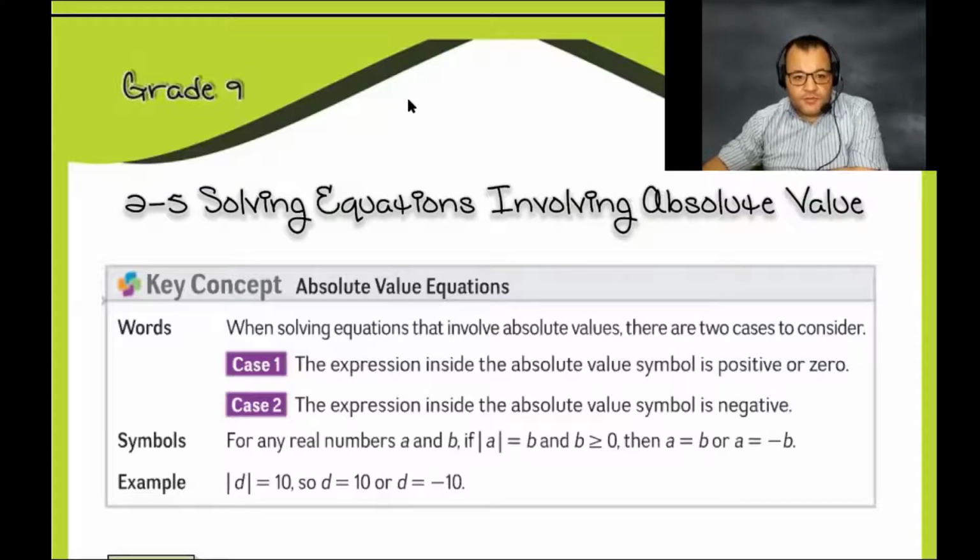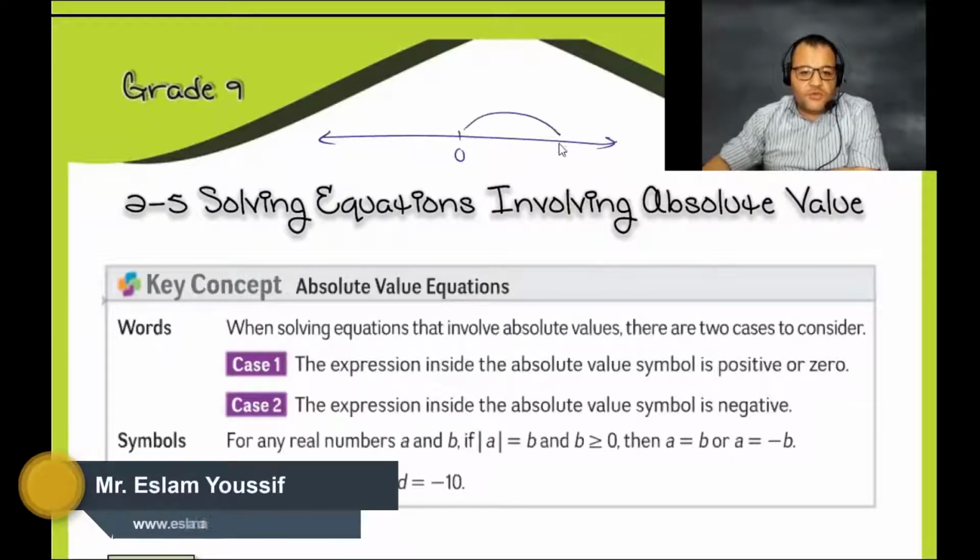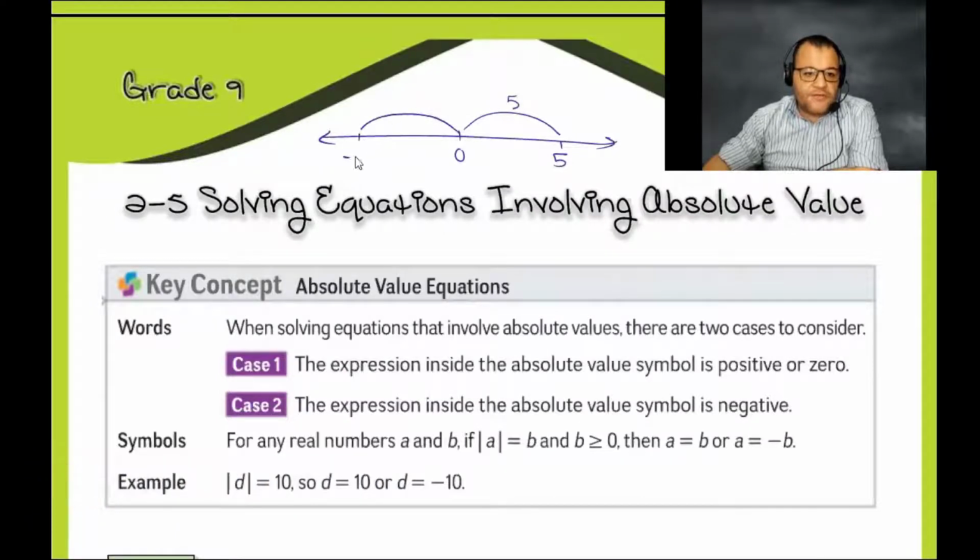If you have a number line with 0 in the middle, the distance from 0 to positive 5 is 5 units, and the distance from 0 to negative 5 is 5 units, not negative 5. Anything measurable must be positive. There is nothing measurable with negative.